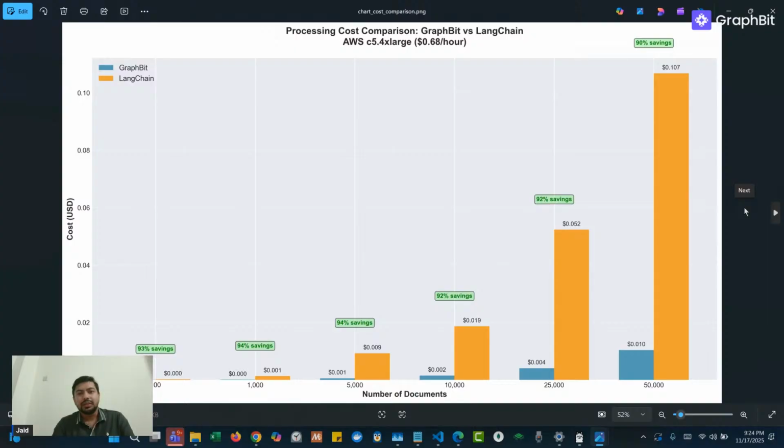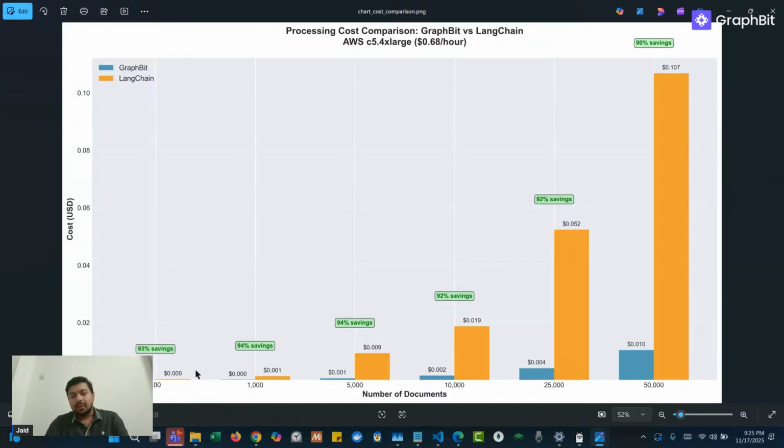68 cents per hour. So with this comparison, you can see, even if the number of documents gets increased, that means the number of documents it has to process for the RAG system, even if it goes from 100 to 1,000 or 5,000 to 10,000, even 25 at max, what we have benchmarked, at max 50,000, it can go beyond.